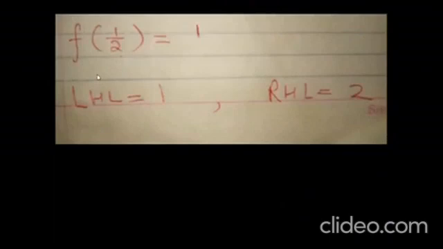We can easily see the function value at x equal to half is 1, the left hand limit is equal to 1, and the right hand limit is equal to 2. Therefore, we can say the function is discontinuous at x equal to half.